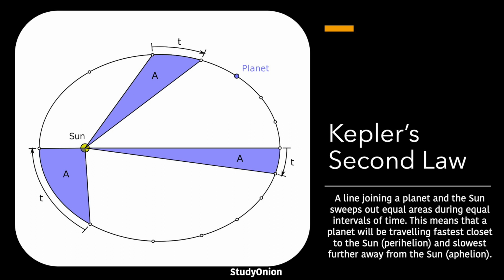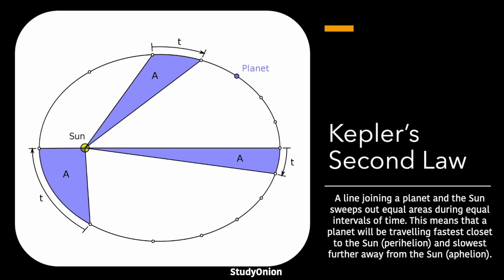This means that a planet will be travelling fastest when it is at its closest to the Sun, which is also known as perihelion, and it will be travelling slowest when it's furthest away from the Sun, or aphelion. And we can see in this diagram what that means. It means that the same area is covered in the same intervals of time.